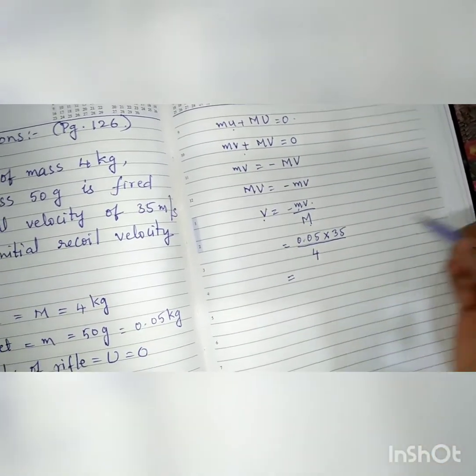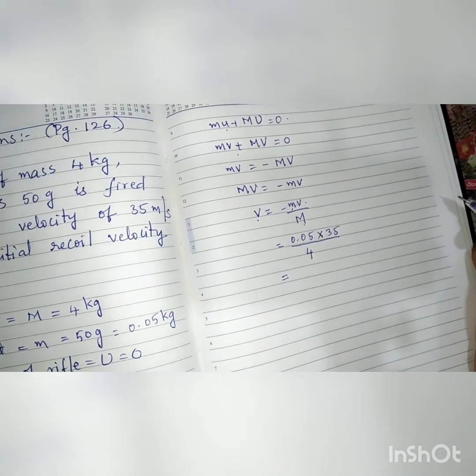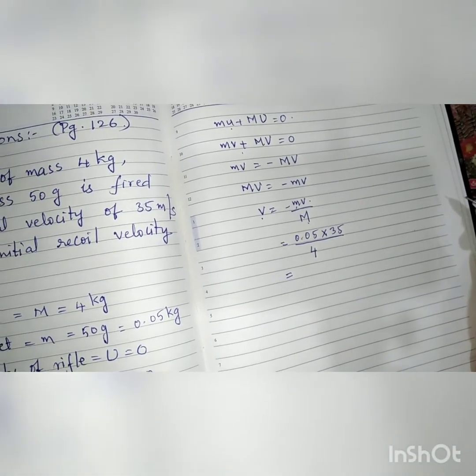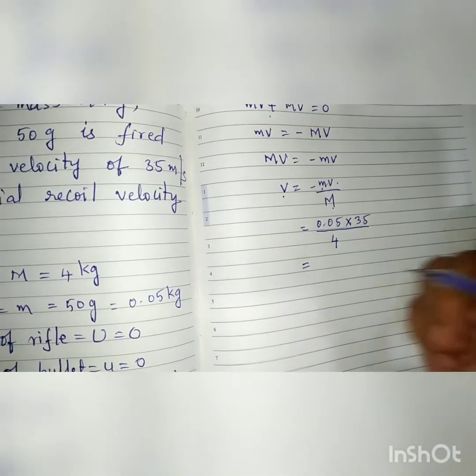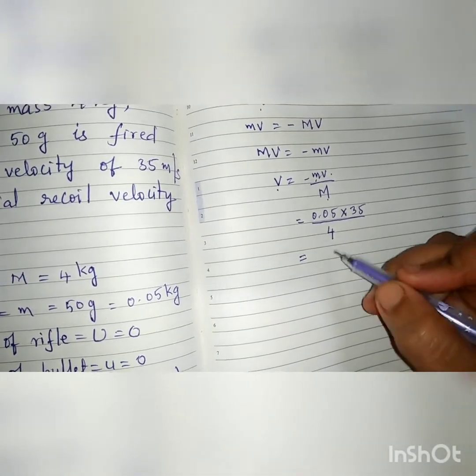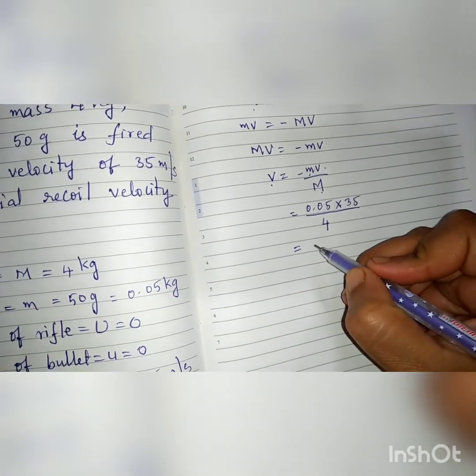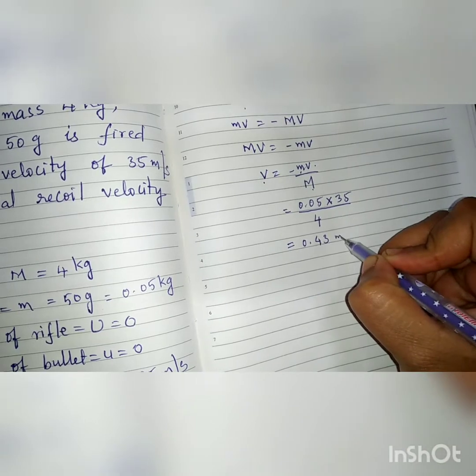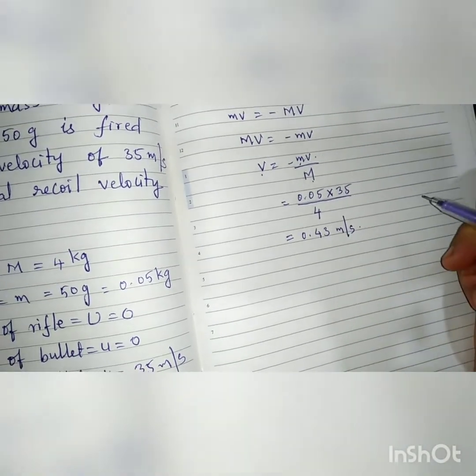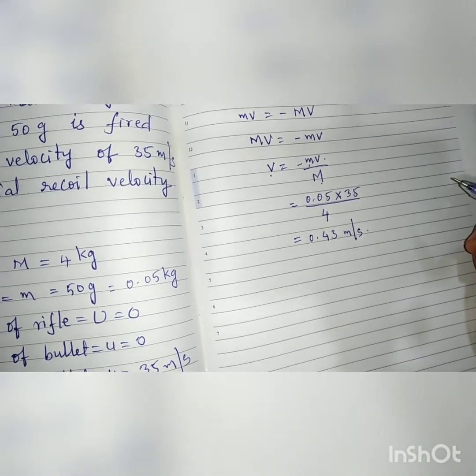After doing the multiplication and division, we are going to get 0.43 meters per second. This is the recoil velocity of the rifle.